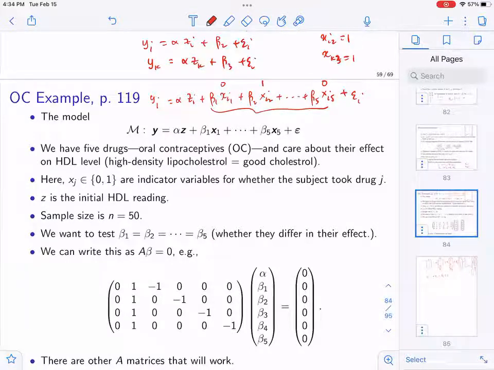You could encode these groups differently. There are some slides later or in your book that talk about that, whether we go over them or not. You could, for example, take the effect of drug 1 as the baseline, and then model the difference of drug 2 and drug 1. That would give you a different regression, but the results should be the same.